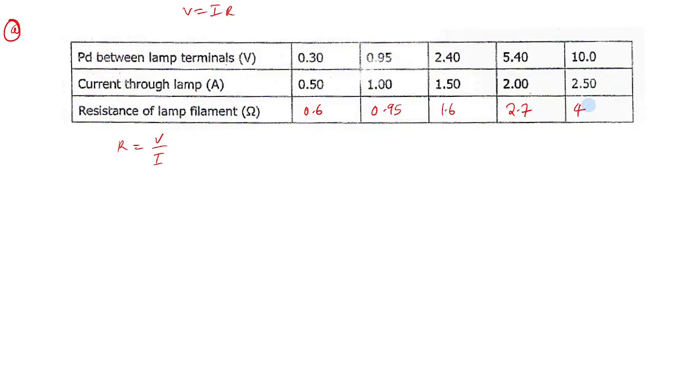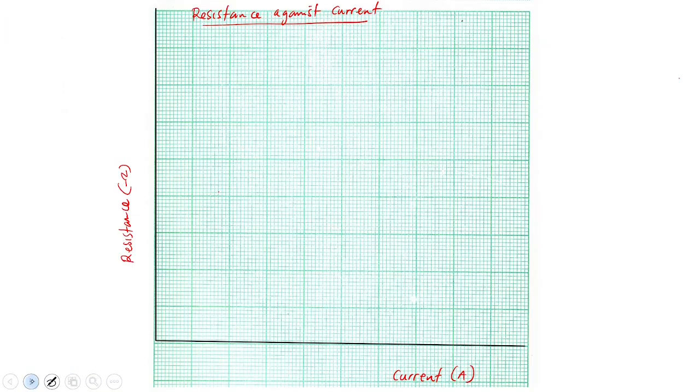So I'll come on current. The highest value I have is 2. The lowest is 0.5, so it will not be difficult for me. If I have a 0 here, I'll say this is from here up to here. I'll say this is 1, then this is 2, this is 3. Now from here to here, it's a box, 2 centimeters.